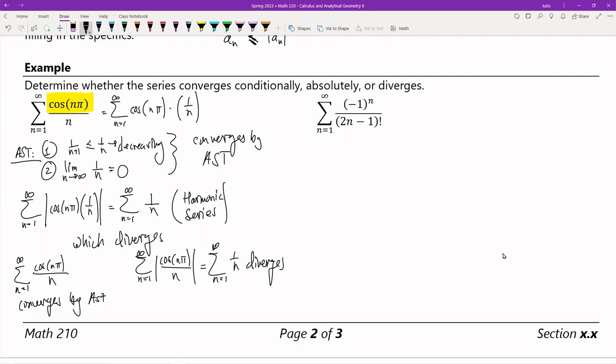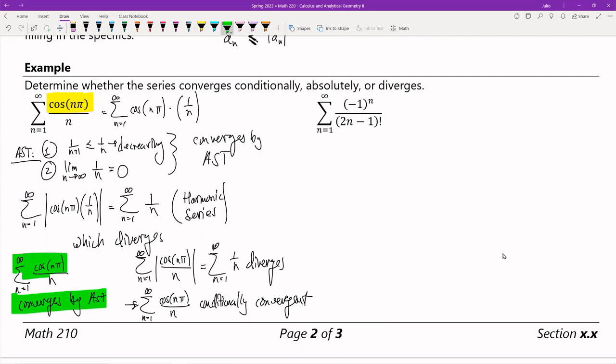So this summation, the sum from 1 to infinity of cosine n pi over n, is conditionally convergent. Got it?